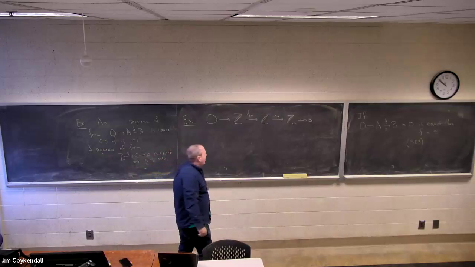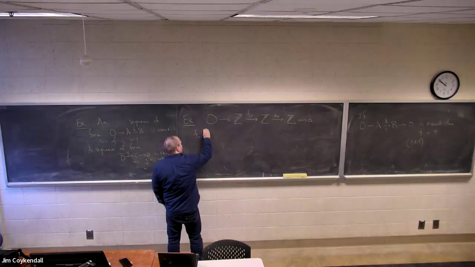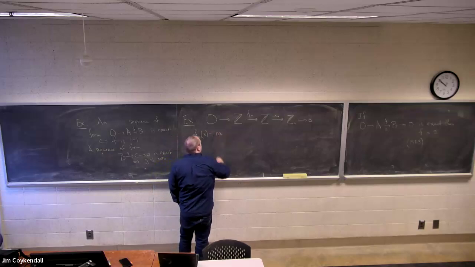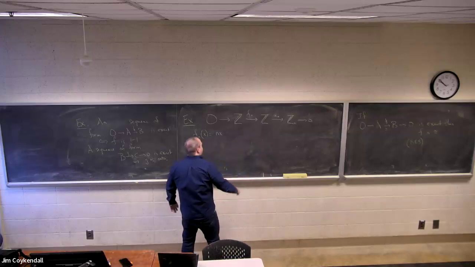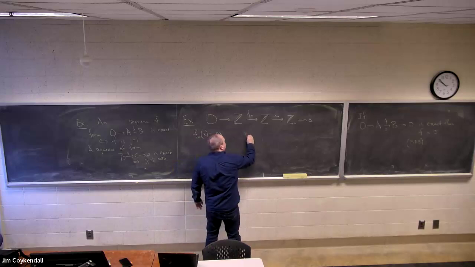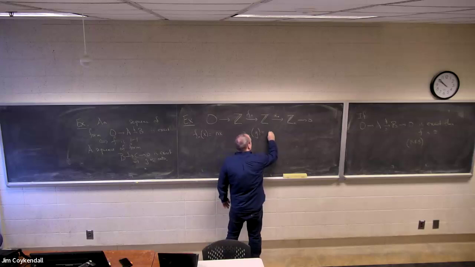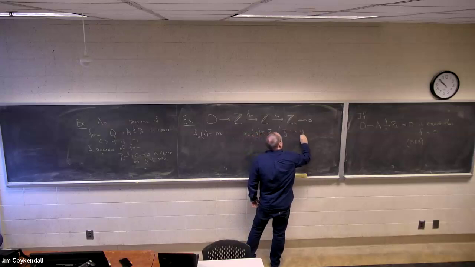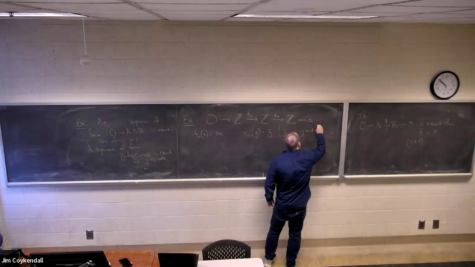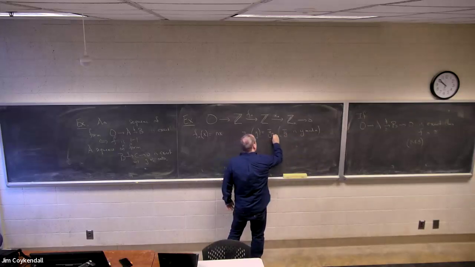I'll make it easy. This first map is just multiplication by n. And the second map, y, is y bar. That is, just reduce it mod n.